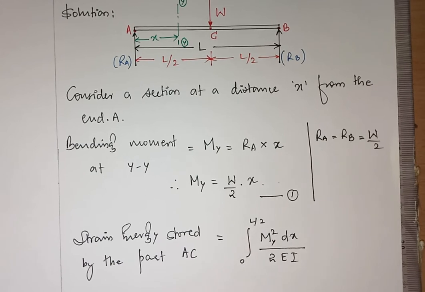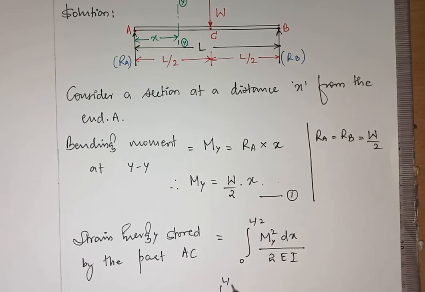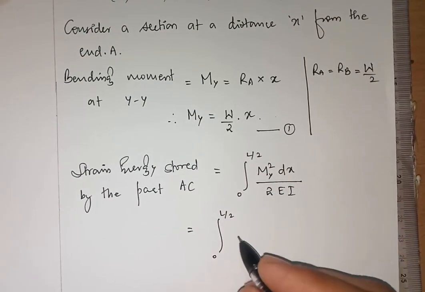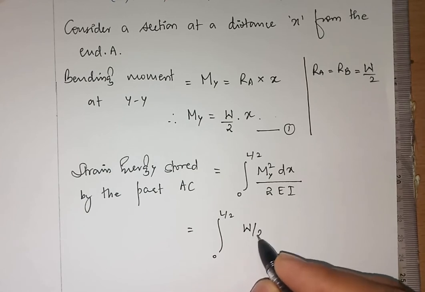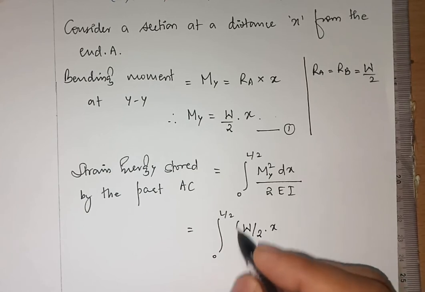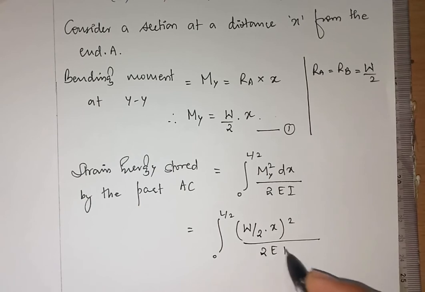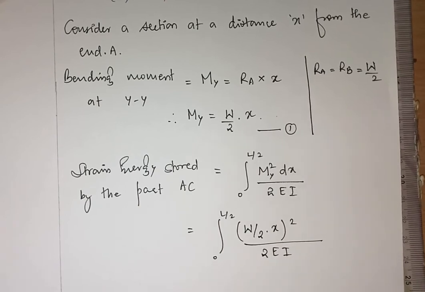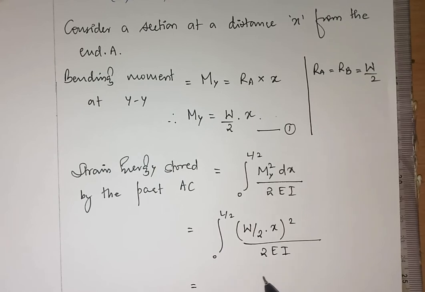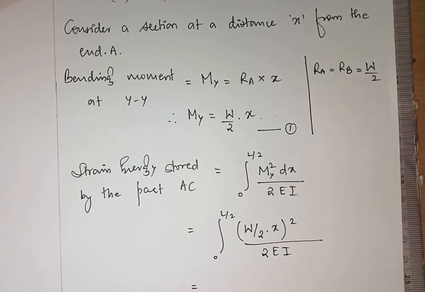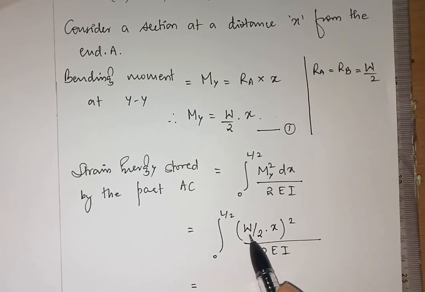Now in this case it is My, so that will be equal to the integration from 0 to L by 2. What is My square? It is W by 2 into x, the whole square, divided by 2 times EI. So whatever are the common things, the constant things, please keep them out.